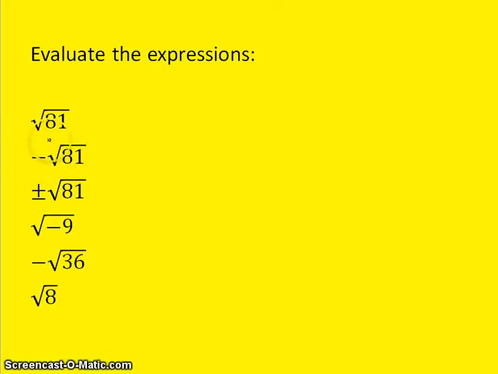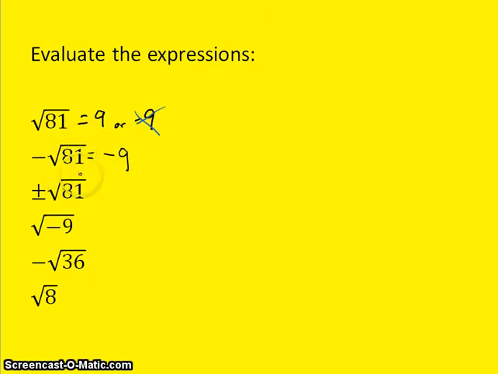Let's evaluate some expressions. Square root of 81 is 9 or negative 9. That's according to what we've done. We're not going to be so concerned about the negative one. We're just going to say square root of 81 is 9. Now negative square root of 81, so the square root of 81 is still 9, but we put a negative in front of it.